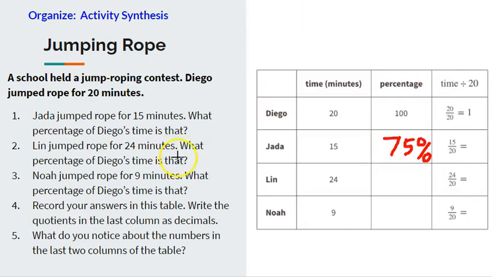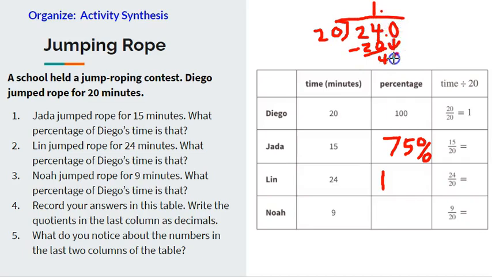Okay. What about Lynn? She jumped rope for 24 minutes. This is going to be more than 100%, right? Because we have 20 20ths in that 24 20ths right here. So we know that we're going to have 100 something percent. And again, we can divide that out. 20 goes into 40 2 times.